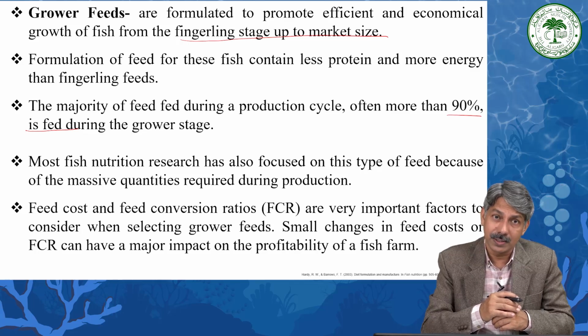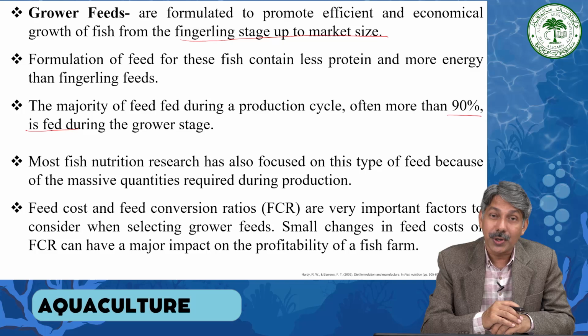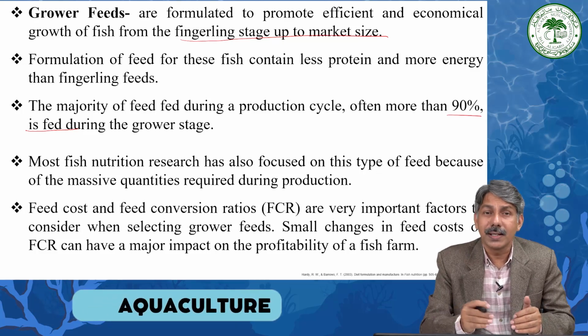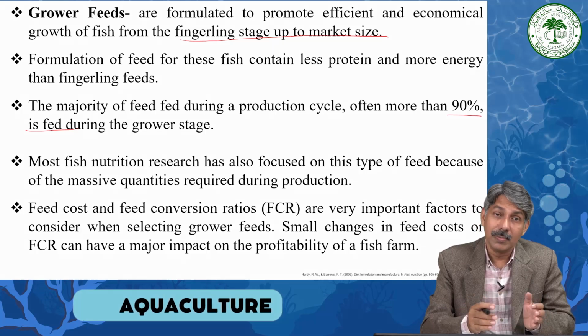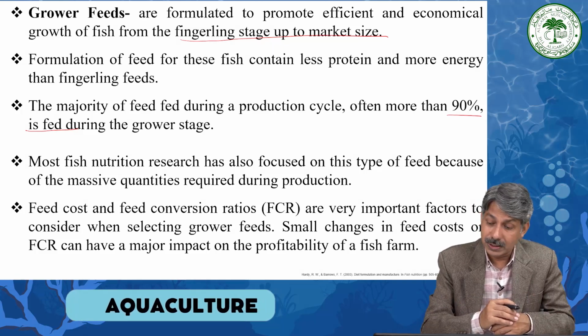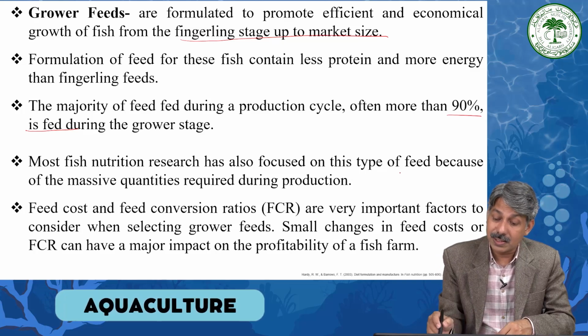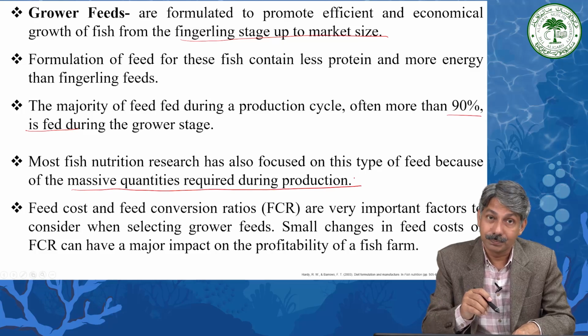That is a huge quantity. So in this stage, you may be putting in a lot of food in terms of quantity to the fish. You will be providing a large quantity of feed to these fishes. So most fish nutrition research has also focused on this type of feed because of the massive quantities required during production.